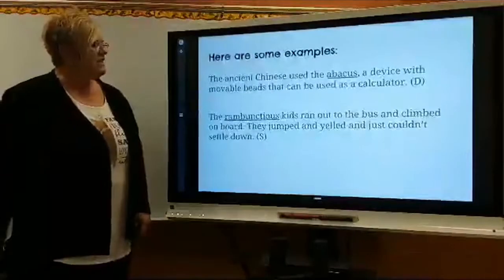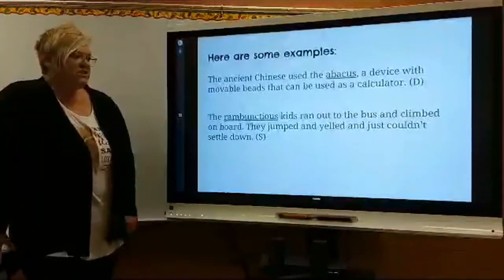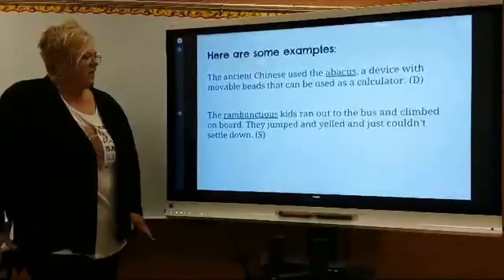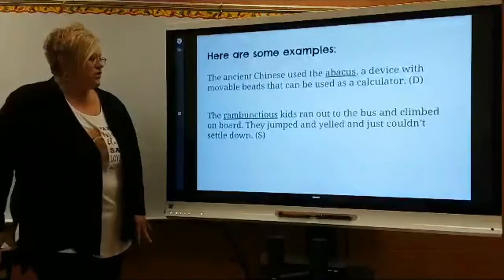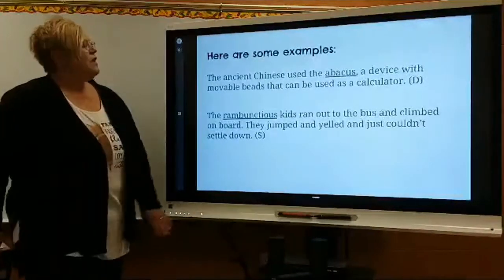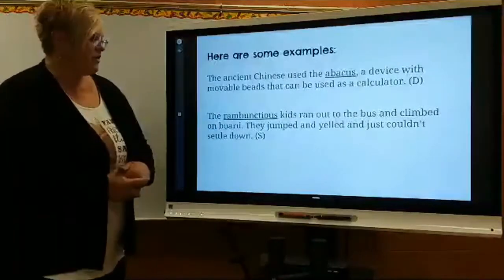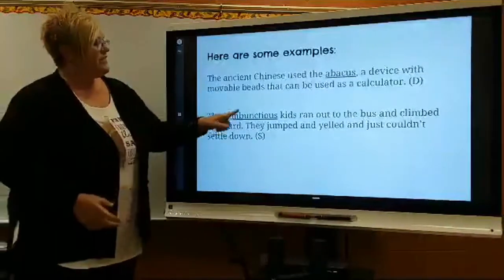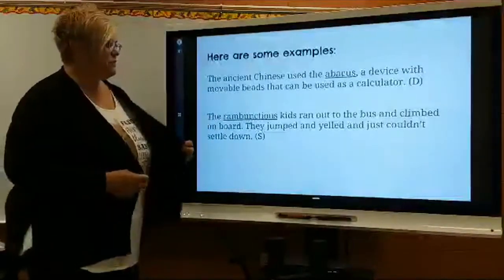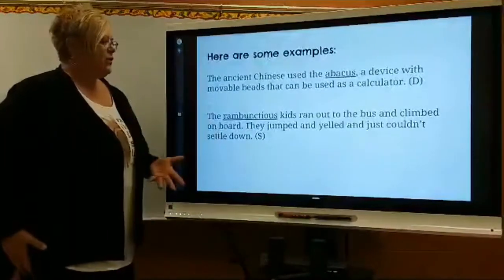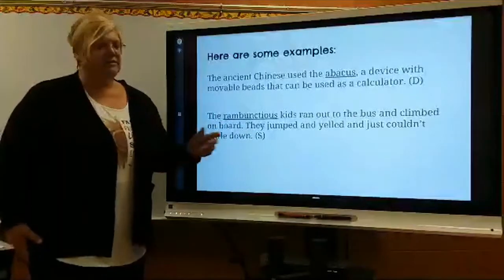Another example: the rambunctious kids ran out to the bus and climbed on board. They jumped and yelled and just couldn't settle down. Okay, so our word is rambunctious, and obviously it's talking about kids, so get yourself a little bit of a visual there. How do we know this is a synonym?